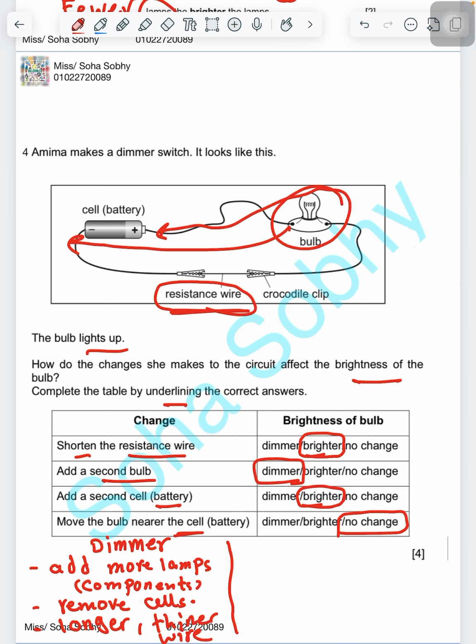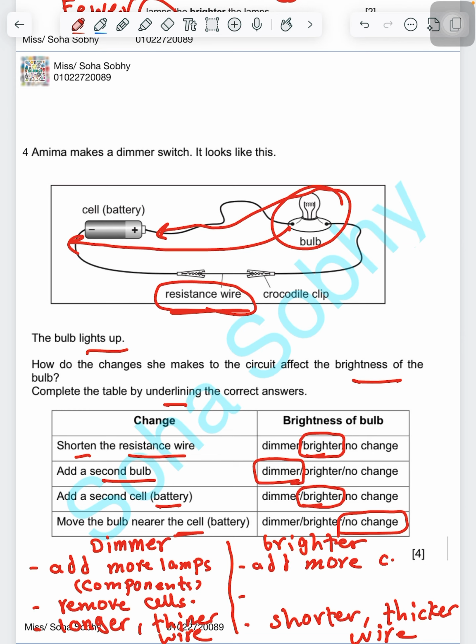To make the lamp brighter, we should use a shorter and thicker wire, add more batteries or cells, or if you have more components, you can remove some of them. Remove lamps or components.